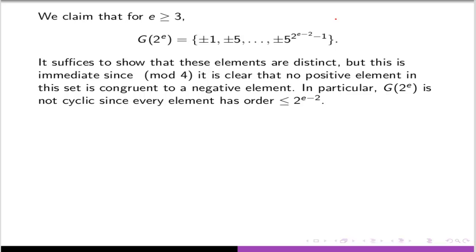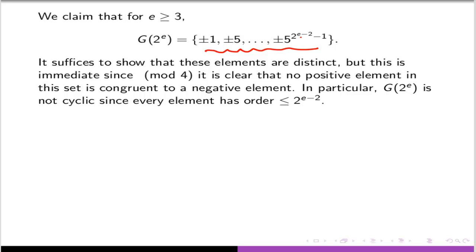We claim that for e greater than or equal to 3, the group of units mod 2 to the e is just represented by the objects I have listed right here, the powers of 5 up to the order of 5, together with plus or minus signs in front of each one of those values.